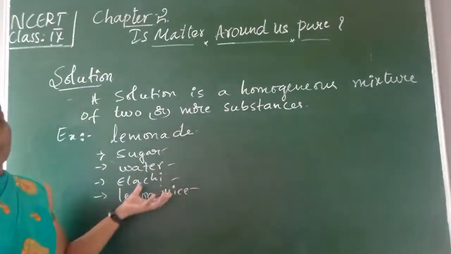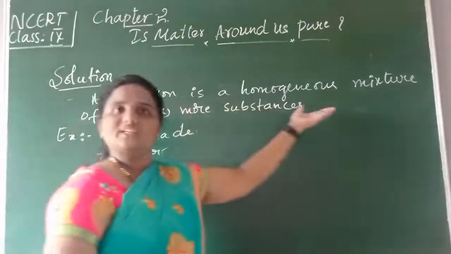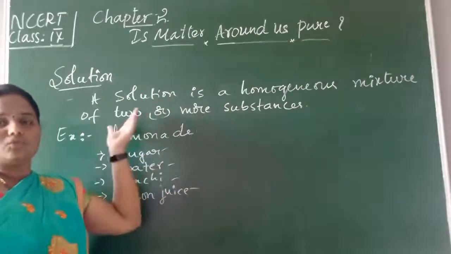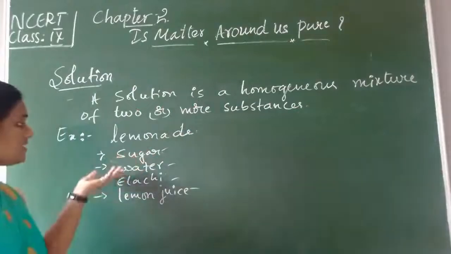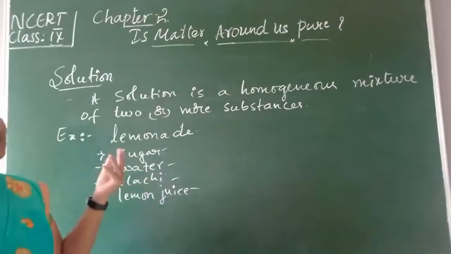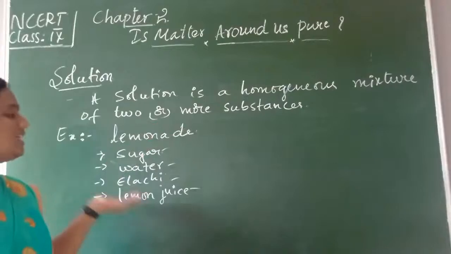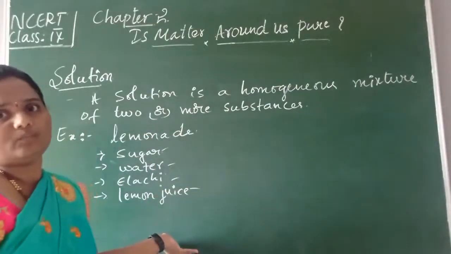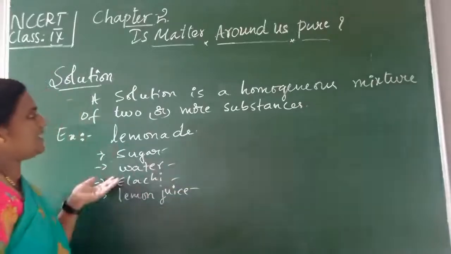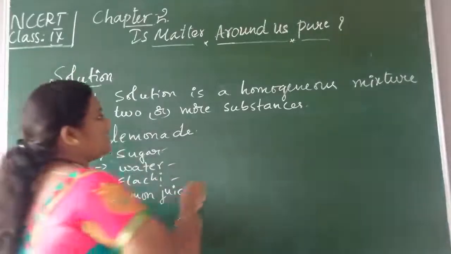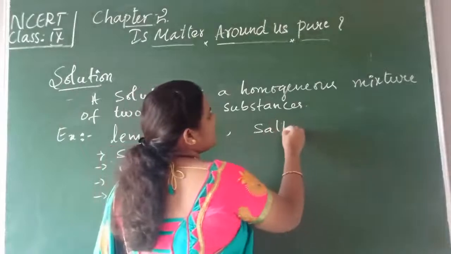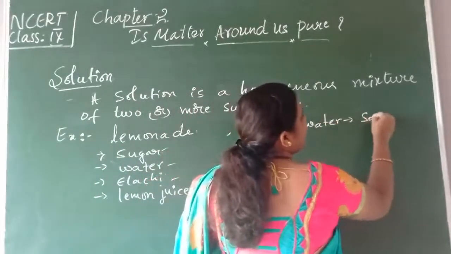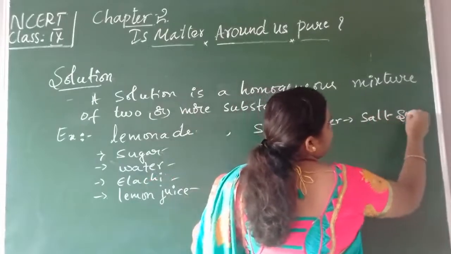It consists of many substances, two or more substances will be present. Here four ingredients are present. So this lemonade, or salt water, a salt solution, you can say it is a solution. That is salt plus water, nothing but a salt solution.